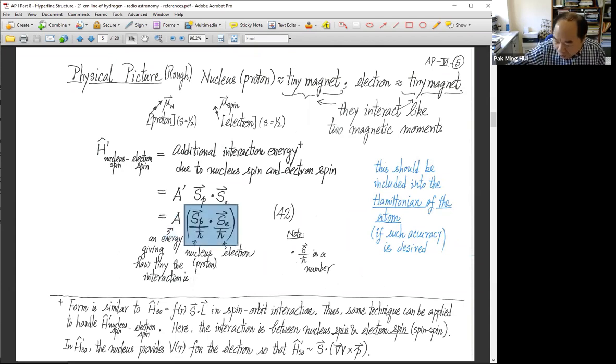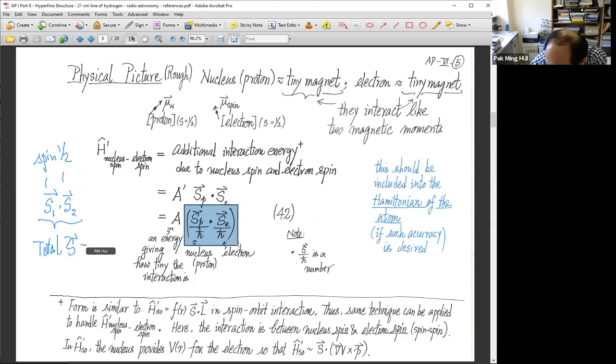So now the situation is as follows. We have S1 dot S2, and both are spin half. So what to do? Define a total spin, which is S1 plus S2.